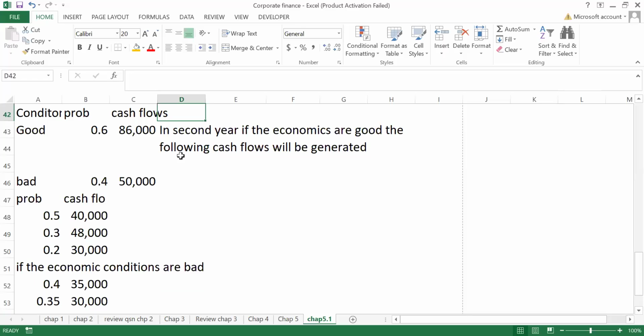I wanted it to put it down here. But it would have been good to put it down.